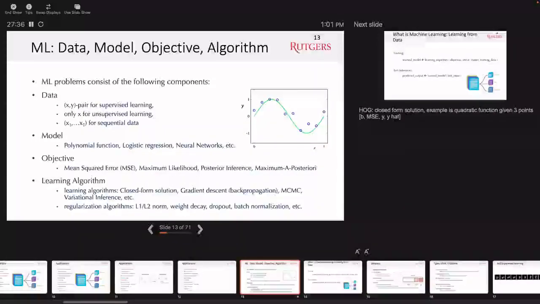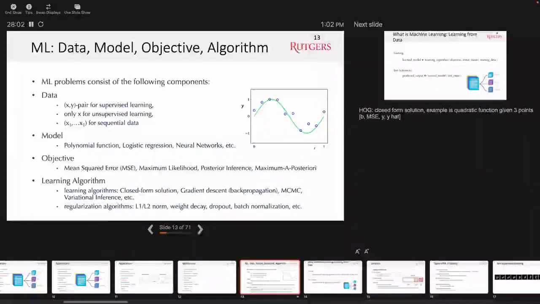This would include L2 norm, weight decay, dropout, or batch normalization. This is mostly just to prevent the model from overfitting. What overfitting is, we're going to also cover later in this class today. So these are the 4 most important components of machine learning.